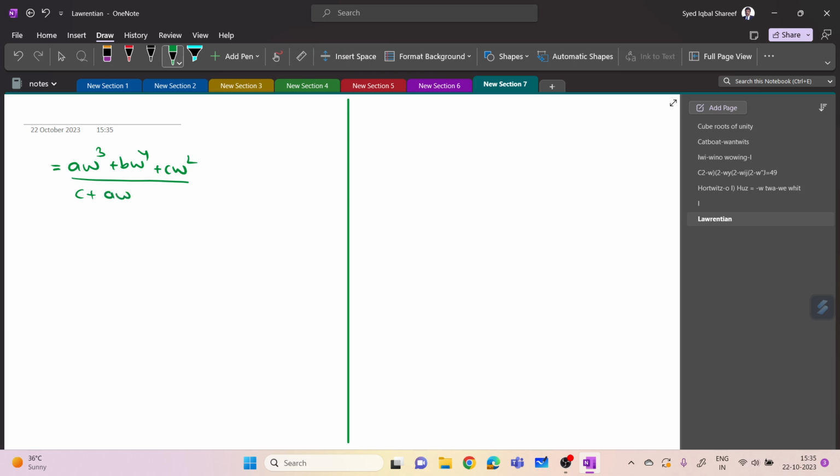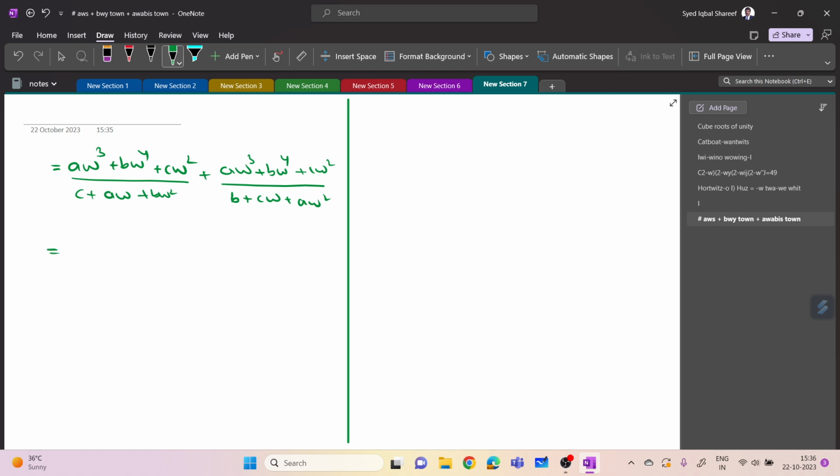c plus a omega plus b omega square, plus a omega cube plus b omega to the power of 4 plus c omega square, divided by b plus c omega plus a omega square.